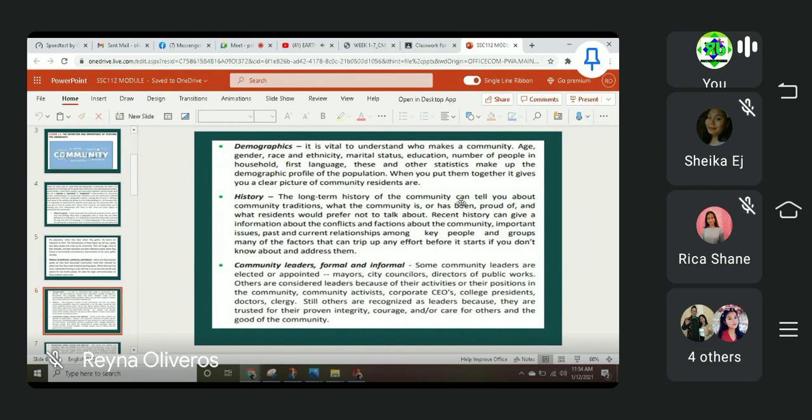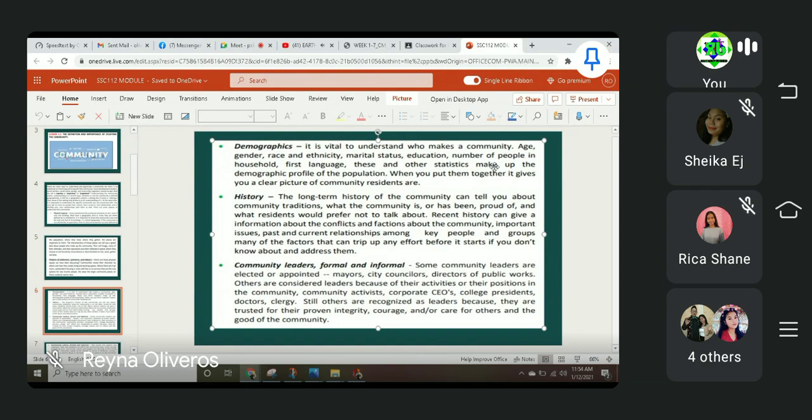Okay? So, dito naman tayo sa number 4 aspect of community, which is the history. Okay? So, guys, sa history, sabi dito, the long-term history of the community can tell you about the community traditions, what the community is or has been proud of, and what residents would prefer not to talk about.